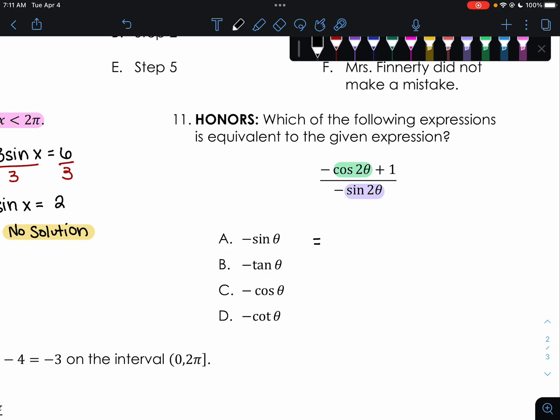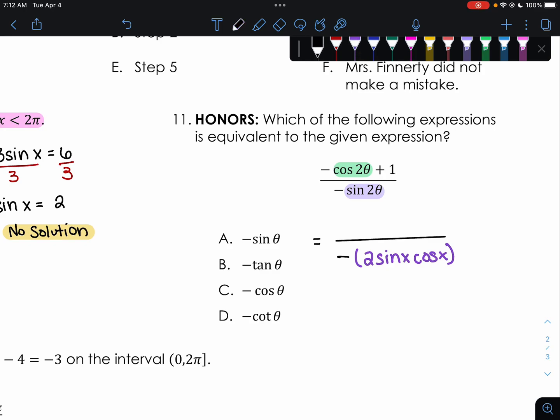I would pick the one that probably deals with a sine because, first off, there's a negative, but if we look at the denominator, it's going to be 2 sine x cosine x. And it's just going to make your life easier if you pick the sine identity, because if not, you'll have to do a little bit more work.